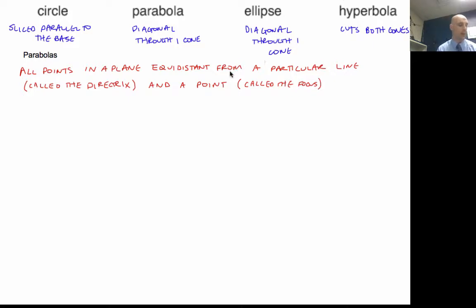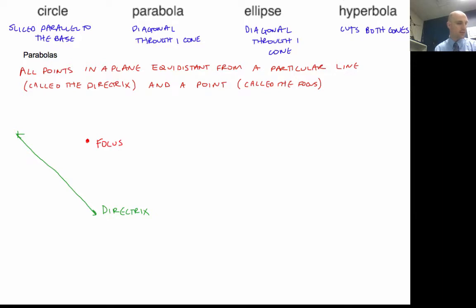Okay, what would that look like? Well, check this out. If I've got a line here, and I'm going to draw it in green. Here's a line, and I'm going to call this my directrix. Okay, there's my directrix. And in red, I'm going to put my focus here.